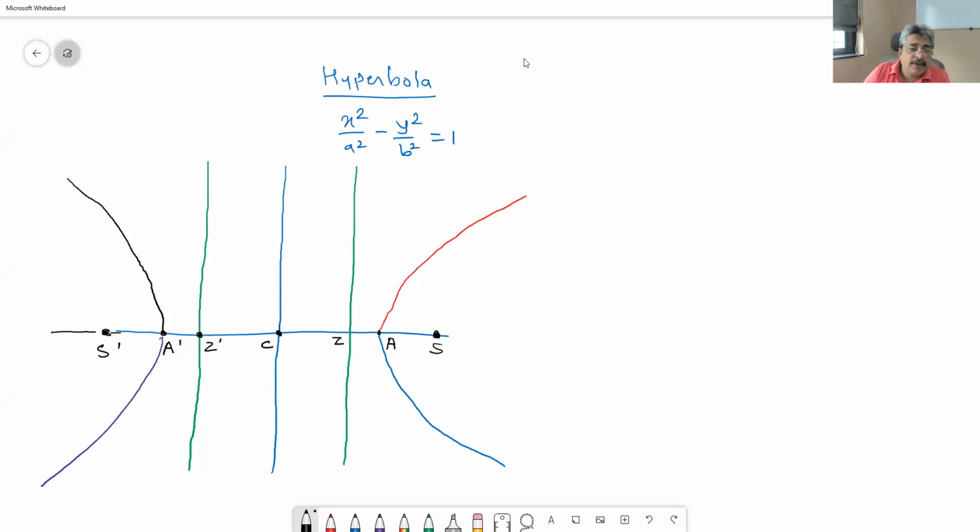Then we found the equation of directrix and coordinates of different points: a by e comma 0, 0 comma 0, minus a by e comma 0, minus a comma 0, and minus ae comma 0.